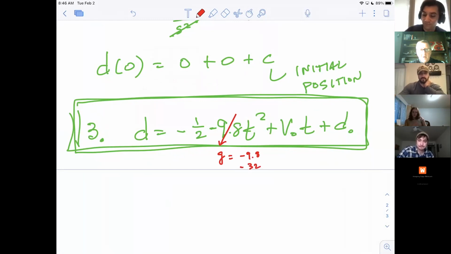And so it isn't just always 9.8. So you can't really put the number 9.8 in that formula. So 1/2 gt squared plus v naught t plus d naught is sometimes kind of how that works in physics. And again, I'm using that in a ton of classes after this that I'm teaching in engineering. That also depends on if you're using SI units. Yeah, so the units make a difference.